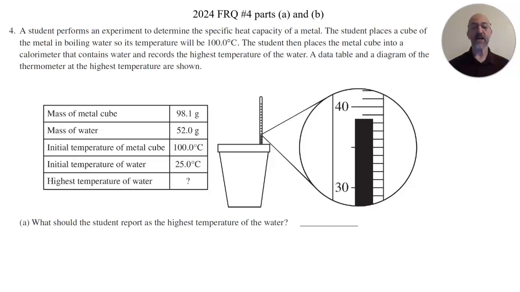So each line printed on this thermometer is worth 1 degree Celsius. And the temperature for part A of this question is somewhere between 38 and 39. But if I estimate that the temperature is halfway between 38 and 39, then I would correctly read 38.5 degrees Celsius. And that's my answer to part A.